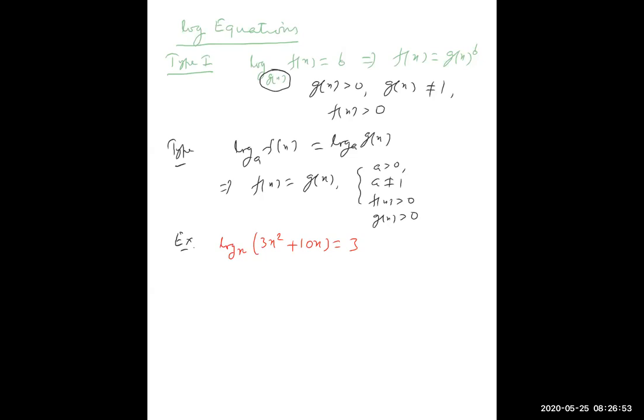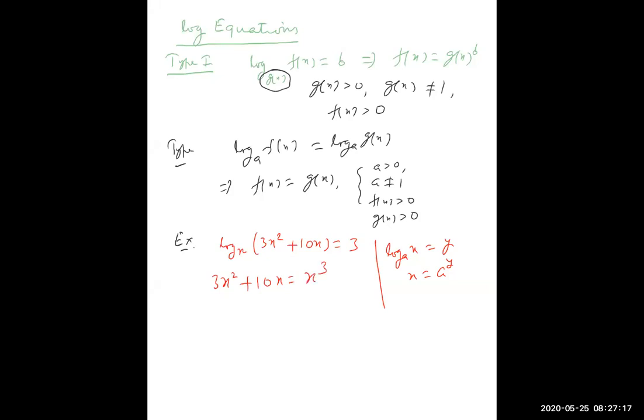So log base a of x is equal to y, x is equal to a raised to power y. Always remember that concept, so many times I have told now. So from here we will get 3x square plus 10x is equal to x cube.